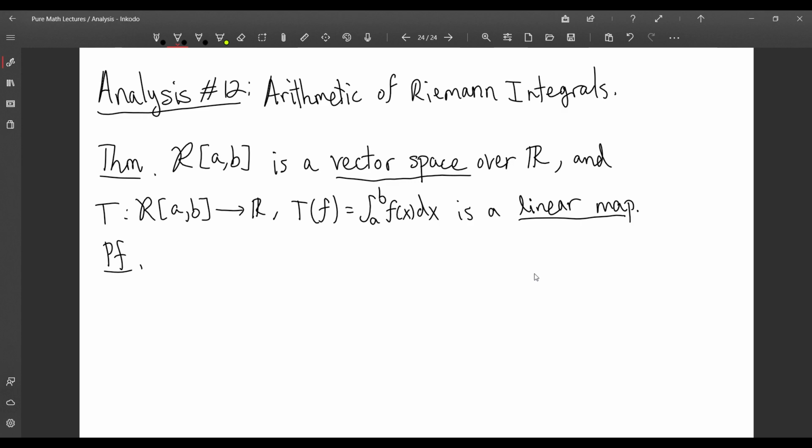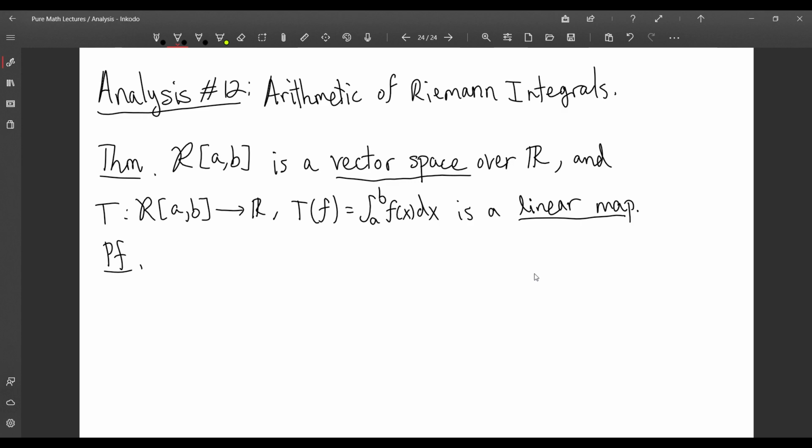What we're going to show is that if I have two functions which are Riemann integrable on some interval, then if I add them or if I multiply them by a scalar, I also get a Riemann integrable function. And the value of these sums and scaled up functions is the same as if I added the integrals or scaled up the integrals. So that's what we're going to show.